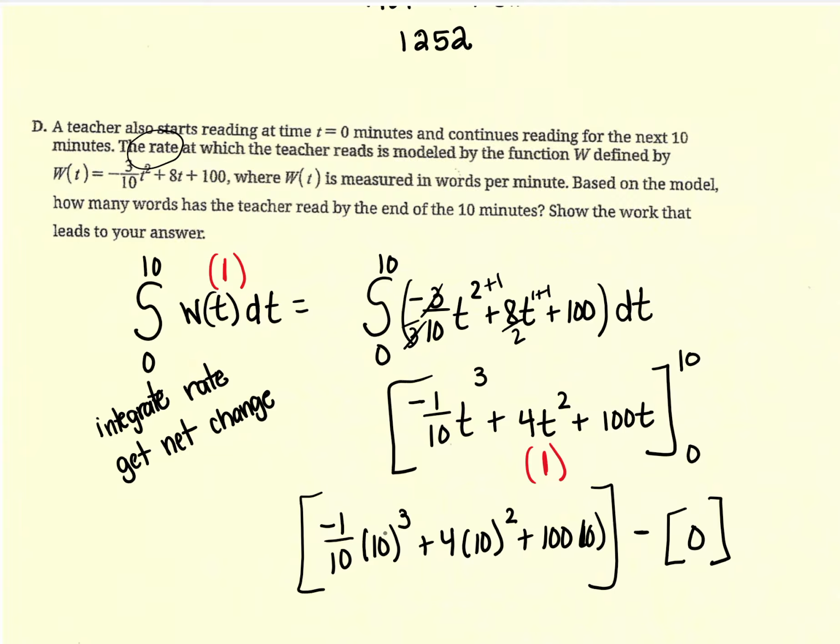So this is going to give me negative 1,000 times 1/10, which is negative 100, plus 10 squared is 100 times 4 is 400, plus 1,000, which is going to give me 1,300 words. If you were able to get this where you put the 10 in and subtract putting the 0 in, give yourself the other point. You did not necessarily have to tell them 1,300 words. They would have accepted the answer right there.